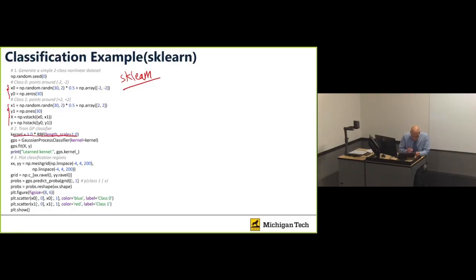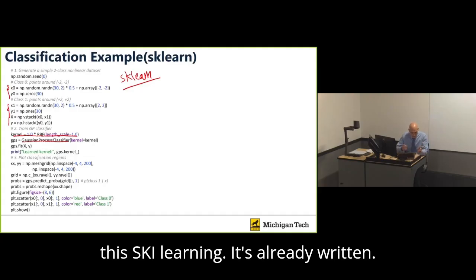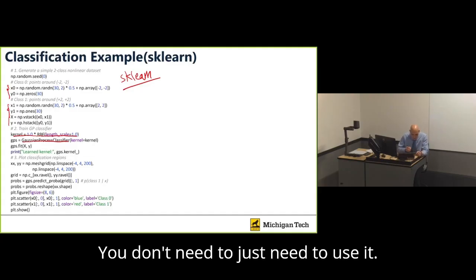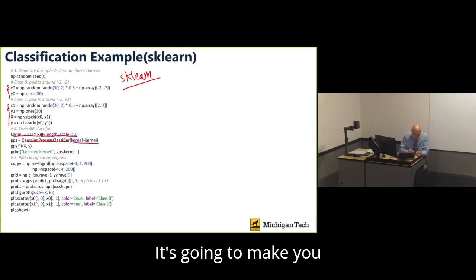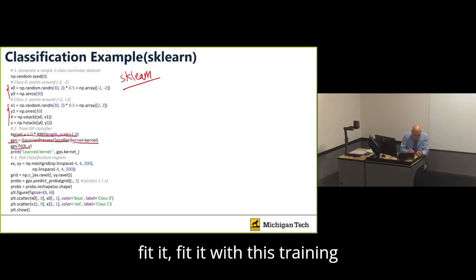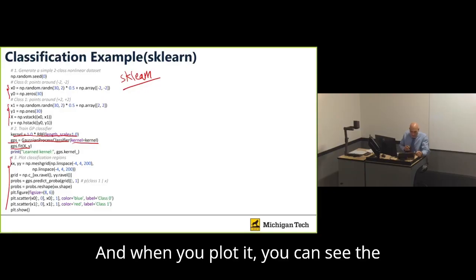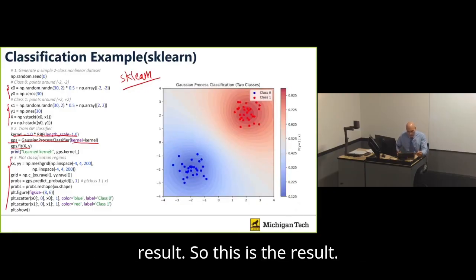It's like a Gaussian, and we use GaussianProcessClassifier, the function inside this sklearn. It's already written. You just need to use it, and you just need to give the kernel. Then you need to fit it with the training data that you created, and the rest is just plotting, and when you plot it, you can see the result.